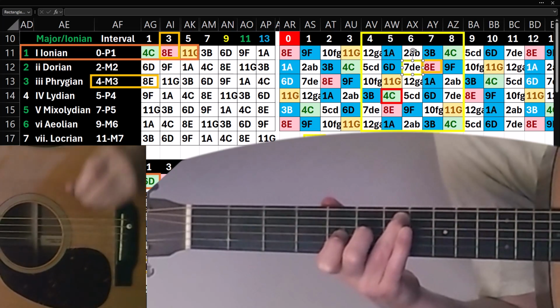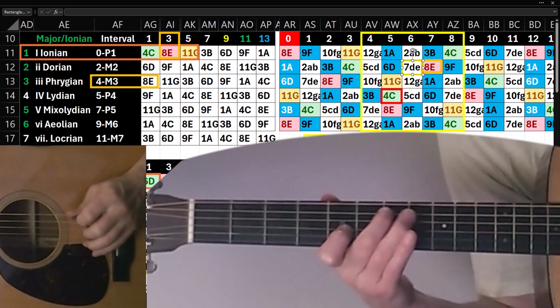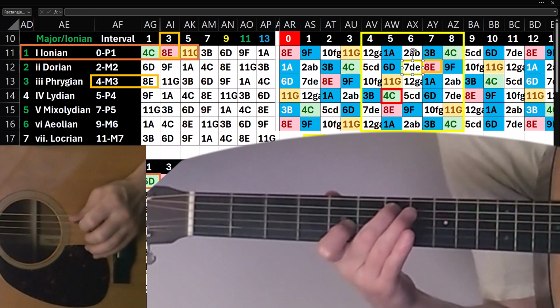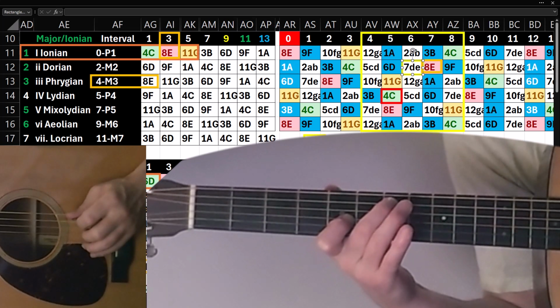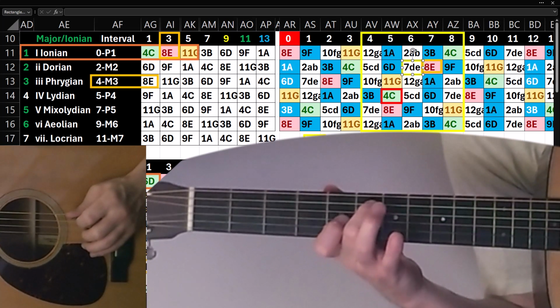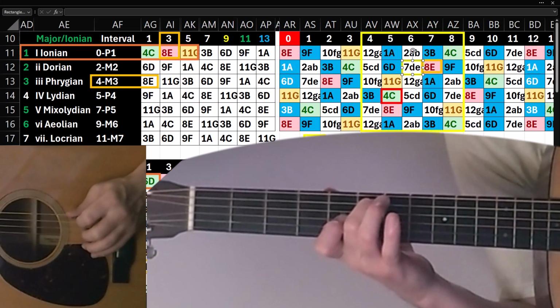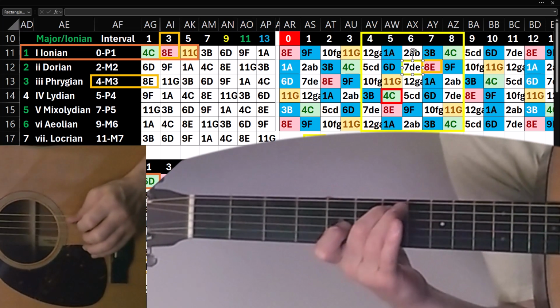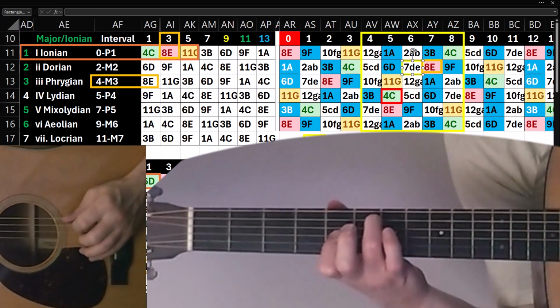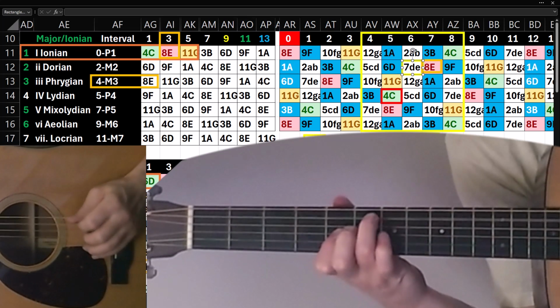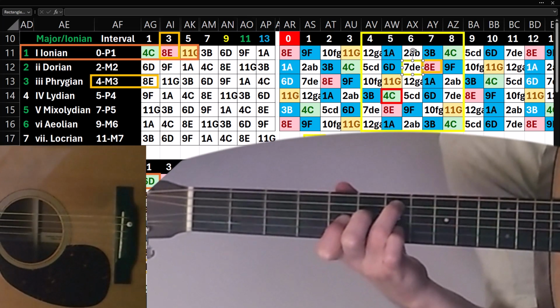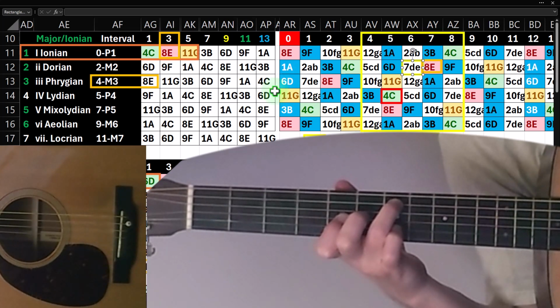So if you did a bluesy bending thing, the question is which finger should I do that with? If I'm holding down this C, maybe I can do it with my middle, or maybe you're more comfortable doing it with your ring. And then the question is, should I ring out that D? That D is the second.